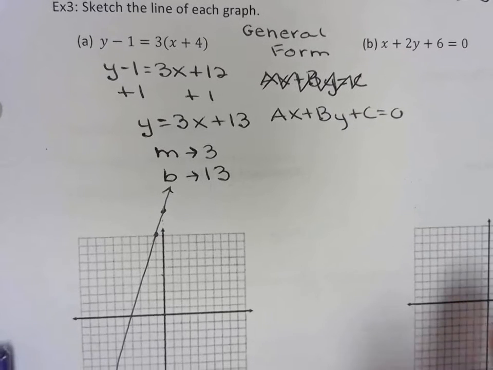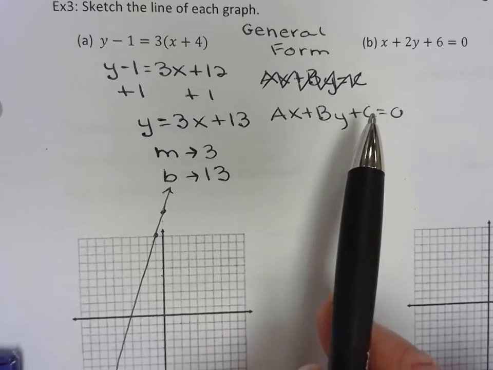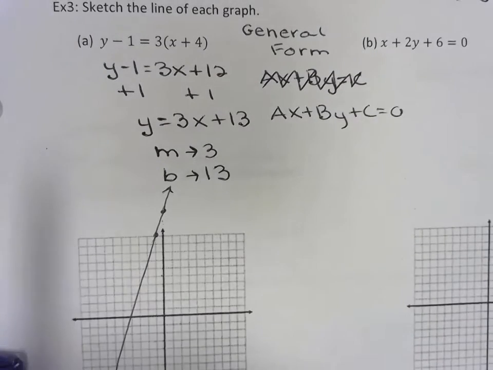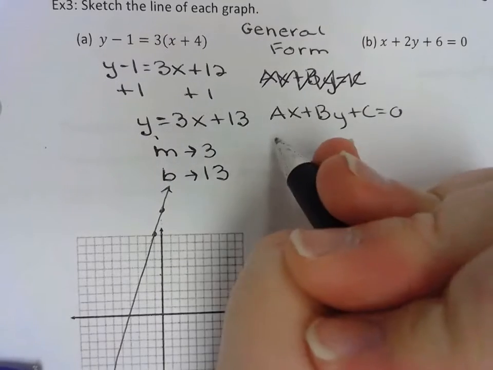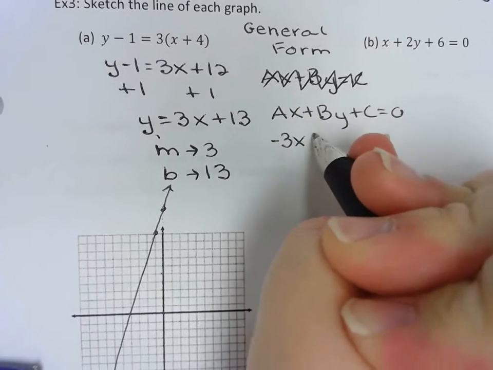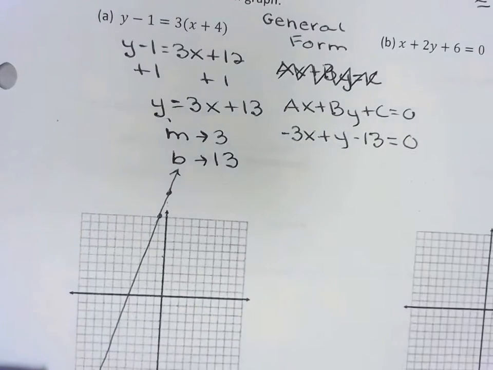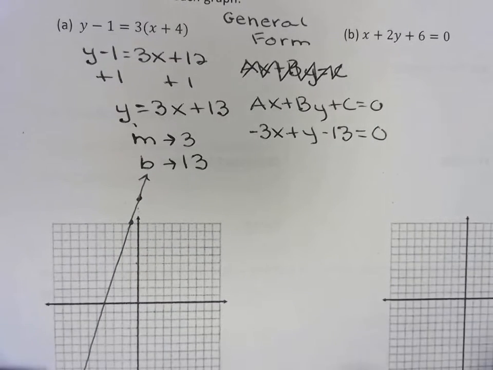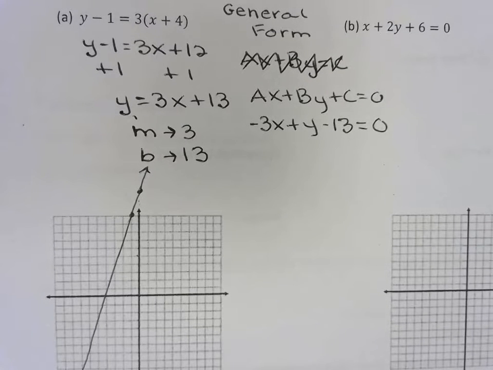So if I look at it in general form, basically all you need to do is get your x, your y, and your constant on one side. Basically get it equal to 0. So if I was looking at this one, all I would need to do is subtract the 3x. We have the y there. Subtract the 13. Set it equal to 0. So it's not really any harder to get it in general form, but I just want to touch on that. There's some of the homework where it says get in general form.